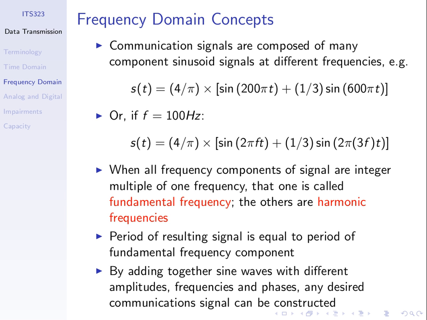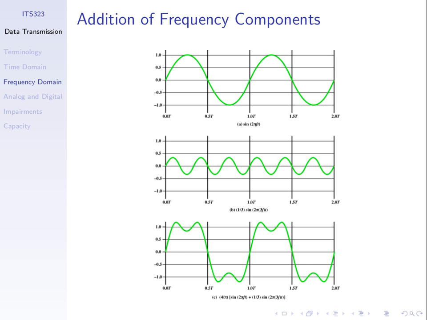Do we have a plot? Although the scale is slightly different, the shapes are the same. The top signal is at least the shape of S1 of t. The middle signal is the shape of S2 of t.